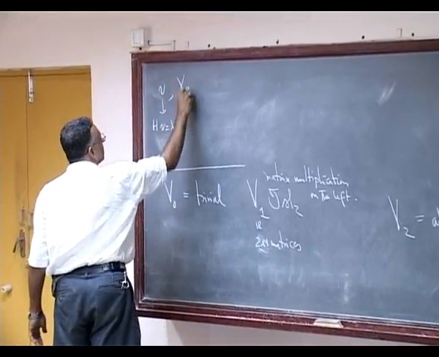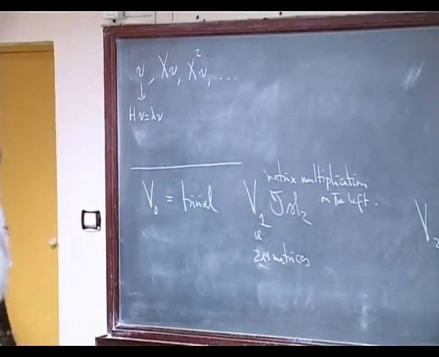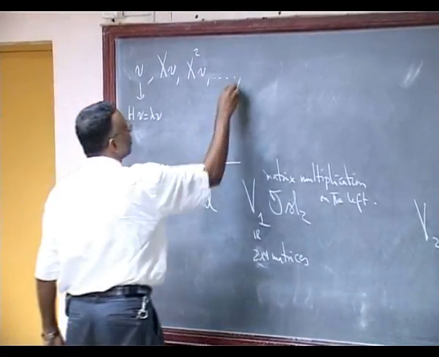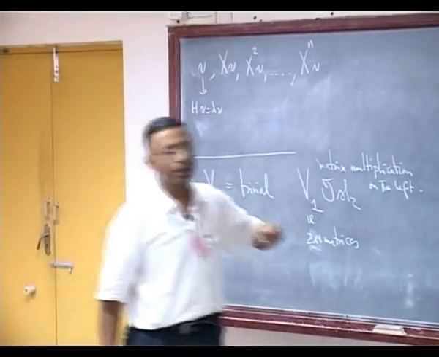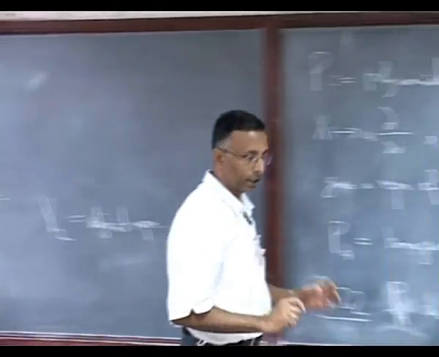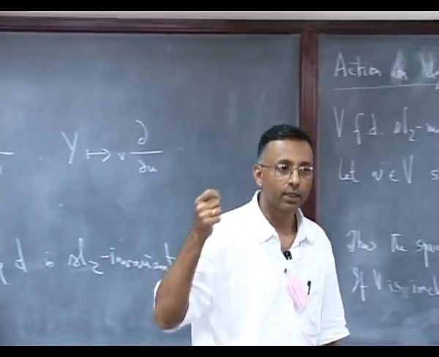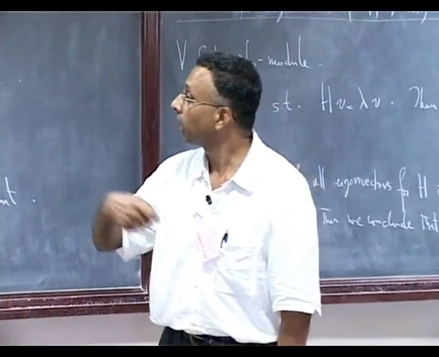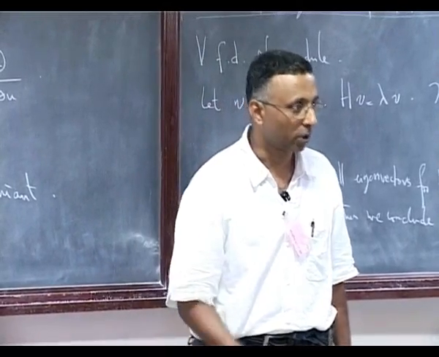Then I take xv, x squared v. From the first observation, what can I conclude? v is an eigenvector by assumption. Xv is an eigenvector for H again with eigenvalue lambda plus 2. X squared v is an eigenvector for eigenvalue lambda plus 4, and so on.